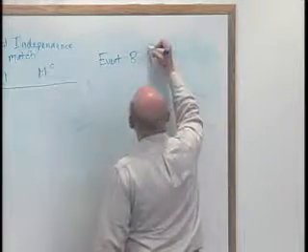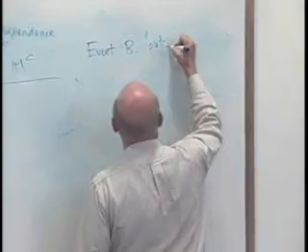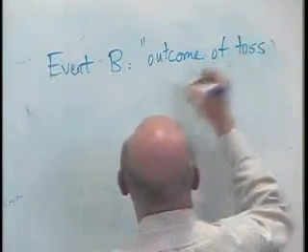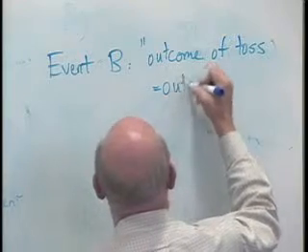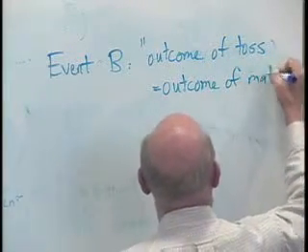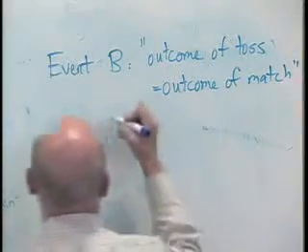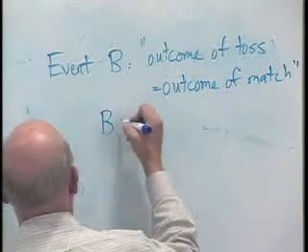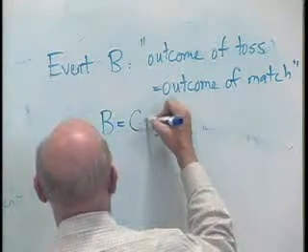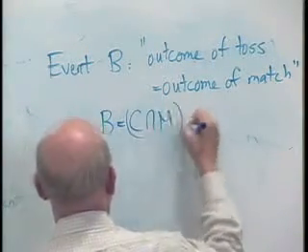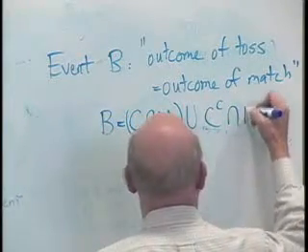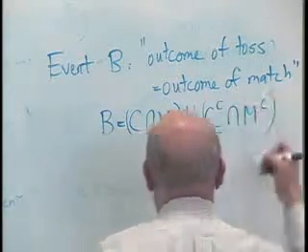Event B is outcome of toss equals outcome of match, or if you prefer, B is C intersect M union C complement intersect M complement.